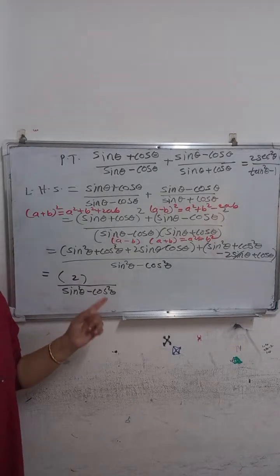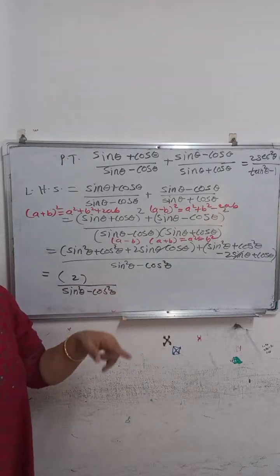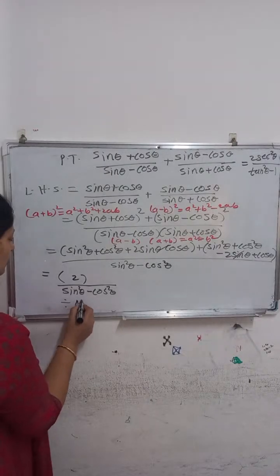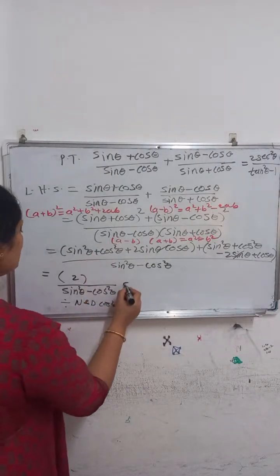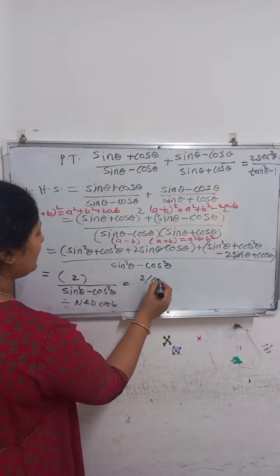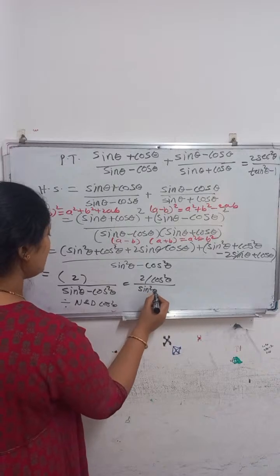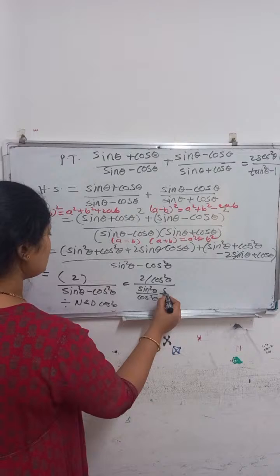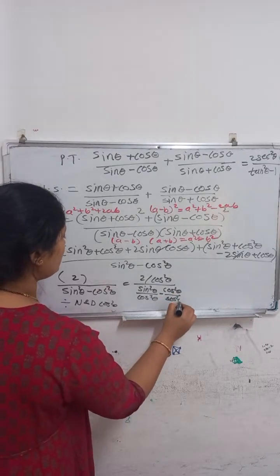If I want to remove the cos, then I have to divide both numerator and denominator by cos square theta. So here 2 divided by cos square theta upon sin square theta upon cos square theta minus cos square theta upon cos square theta.